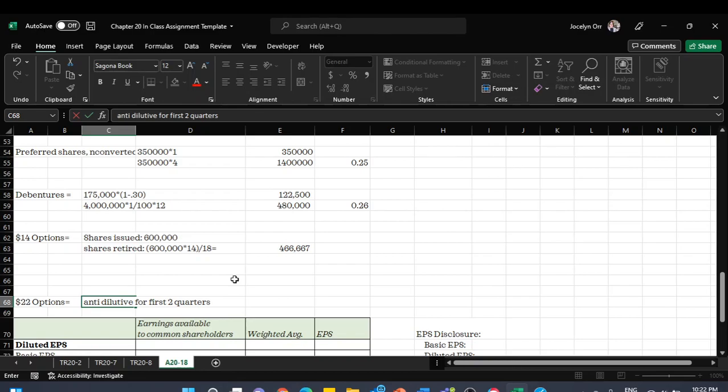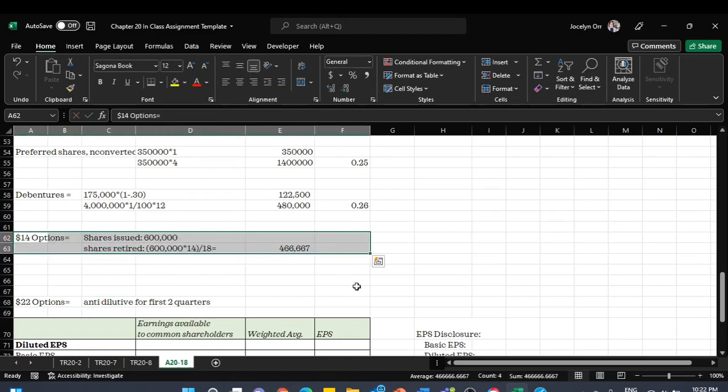Okay, so now we're going to move on to our diluted EPS. We're going to start with basic like we always do. And then we are going to include each individual component based on its individual effect. Okay, so we start actually with these options, which would increase the number of shares outstanding and then reduce it some.